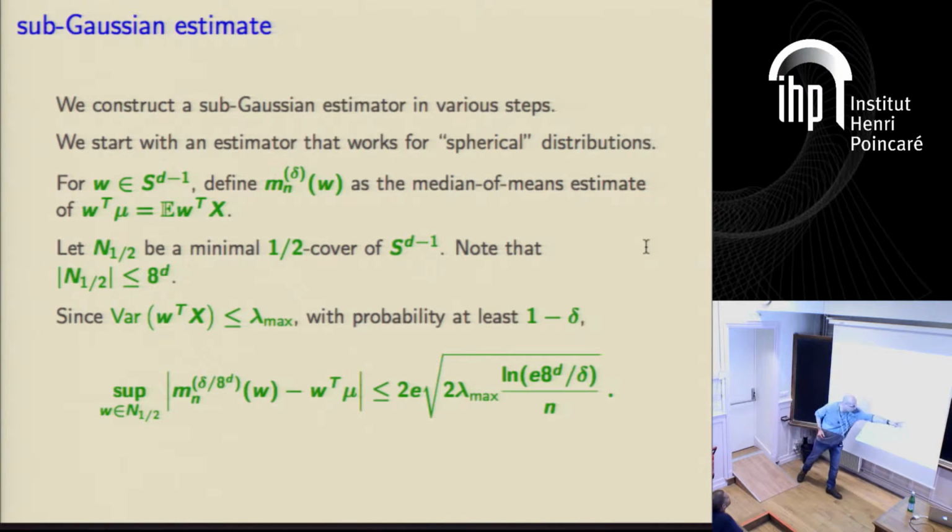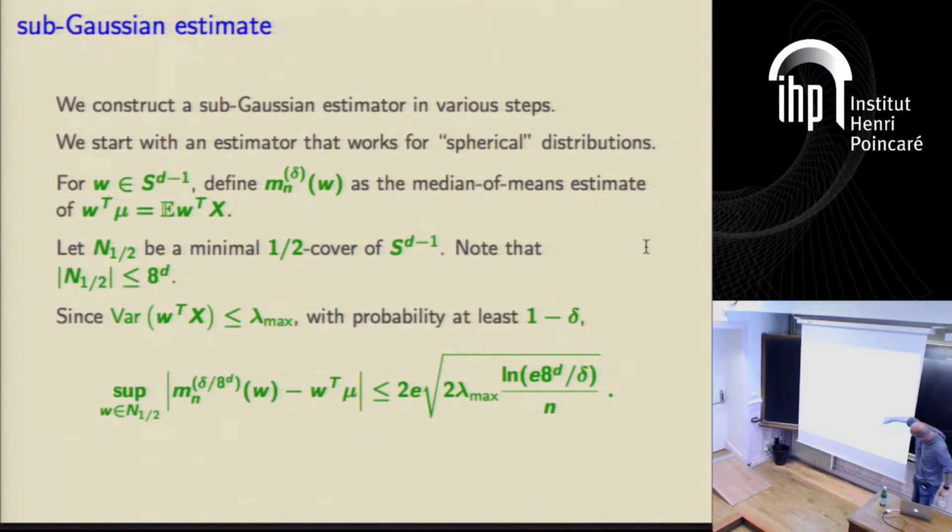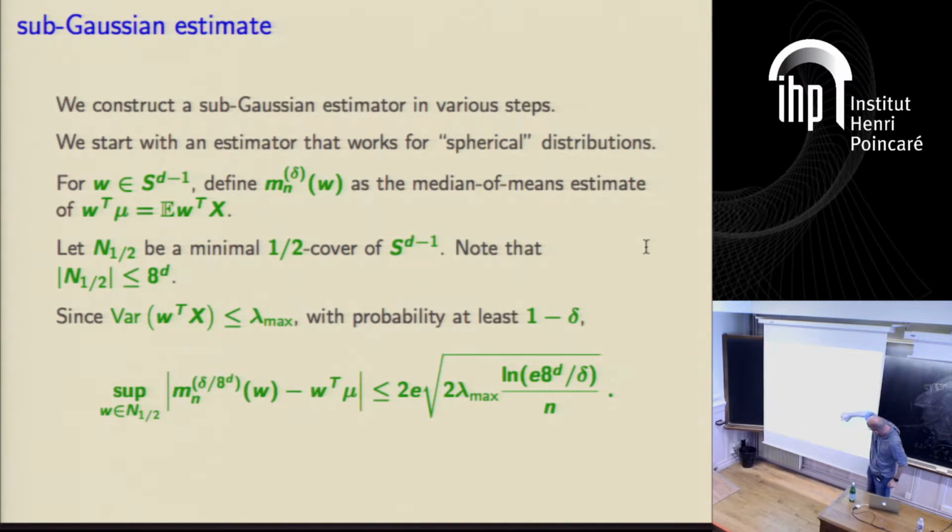Okay? So this is what we get immediately from the median of means estimate. So there's some constant times the square root of the variance times the log 1 over delta, and now 1 over delta is 8^d over delta. So this is going to become d plus log 1 over delta, divided by n. Okay?